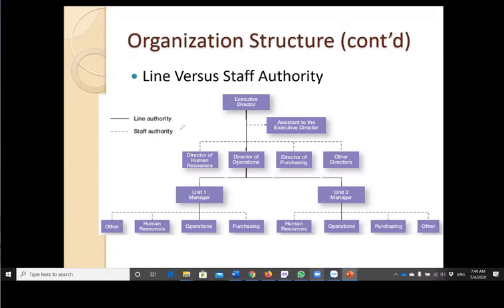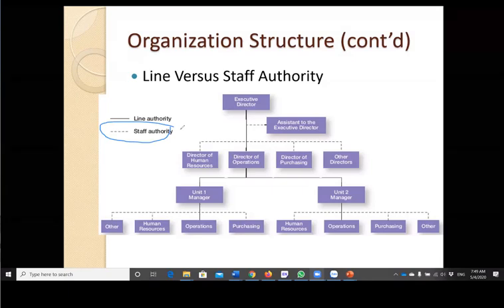Staff authority, right? And it is different from the line authority. Authority is in the chain of command, right? The chain of command assigns this authority to the bosses, and also the responsibilities of the subordinates, the employees, right? But this is about the staff authorities, right?